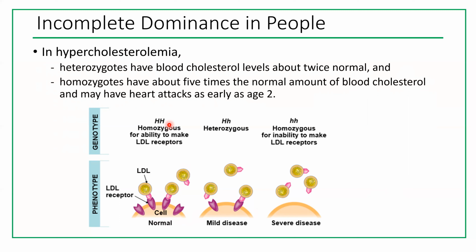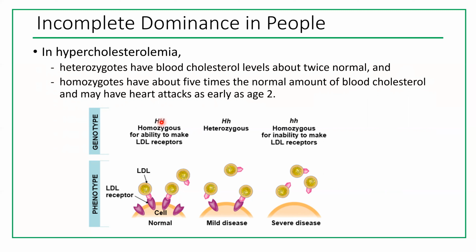So now look, in a homozygous dominant, so that's a person without this genetic disease, the person has plenty of these receptors. So it takes this bad cholesterol inside the cell out of bloodstream.